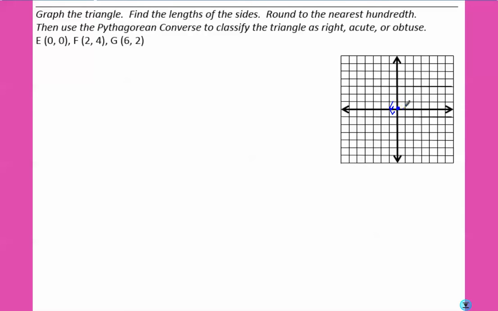Vertex F is at 2, 4. And G is at 6, 2. Let's draw our triangle.